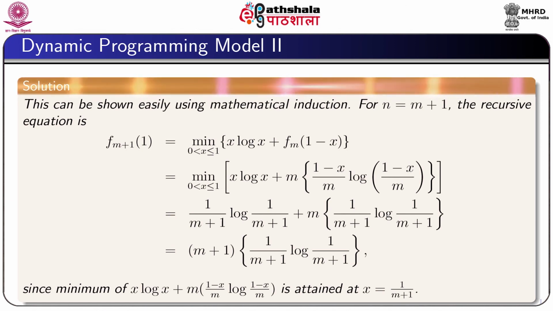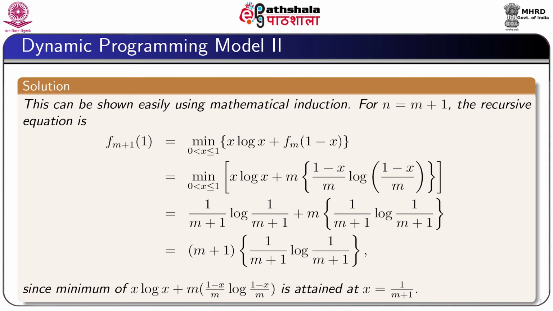For n equal to m plus 1, the recursive equation becomes f(m plus 1)(1) equal to the minimum of x log x plus fm(1 minus x), where 0 less than x less than or equal to 1, which is equal to the minimum of x log x plus m into ((1 minus x) by m) log ((1 minus x) by m).